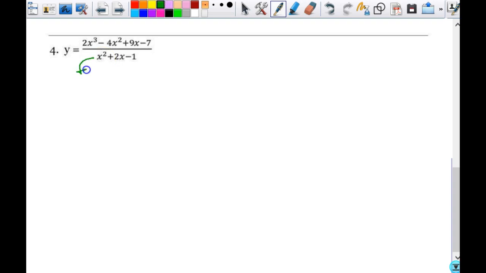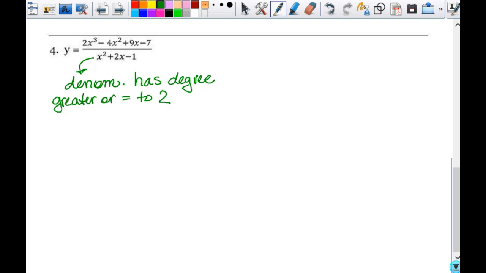But then the denominator has degree greater than or equal to 2. Okay. Can I do synthetic division with this? No. Can I do short division? No. So here the winner is long division. So we're going to have to do long division.